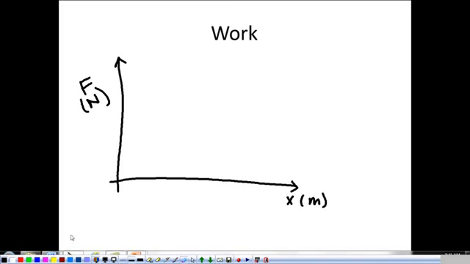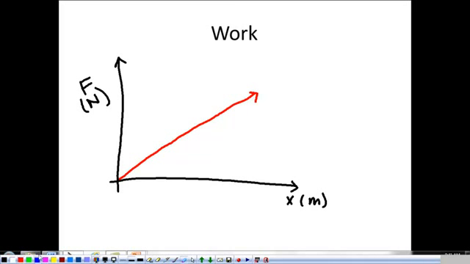Now, if our graph looks like that, that means as we move forward, we're pushing with an increasing force.